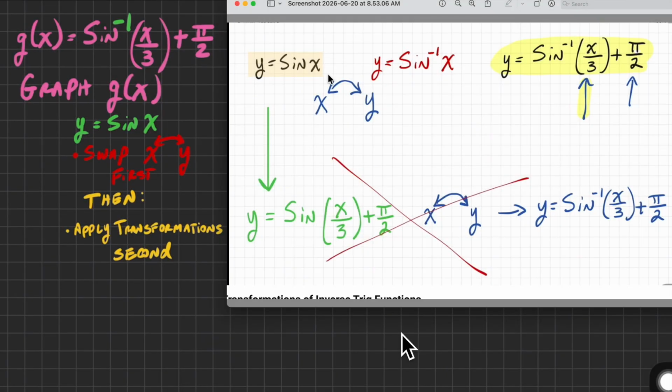Now, for our other function, where g of x is already in inverse form, and we have transformations of the inverse function, we're going to do things differently.